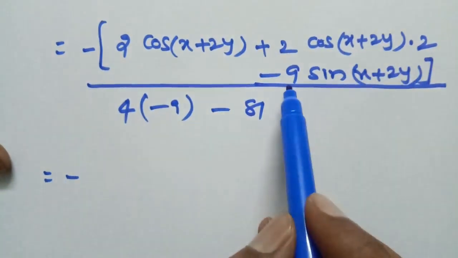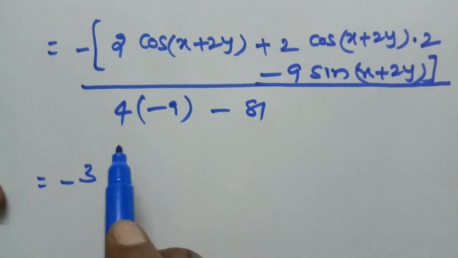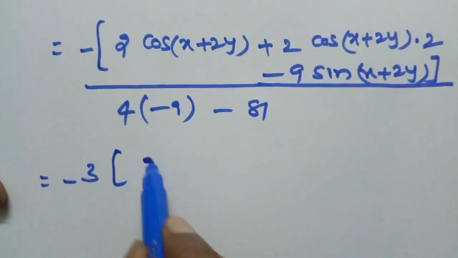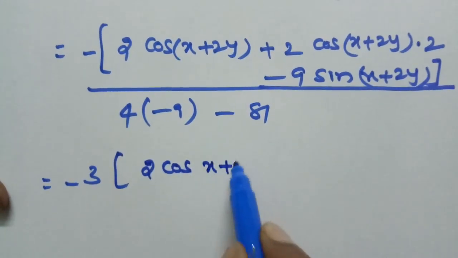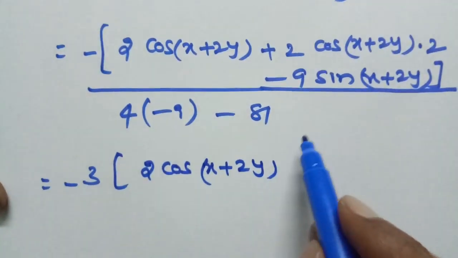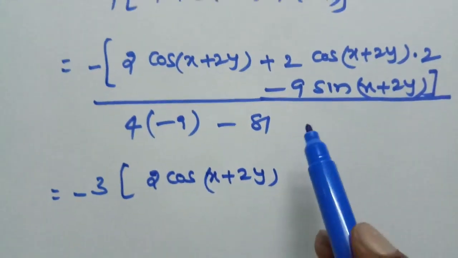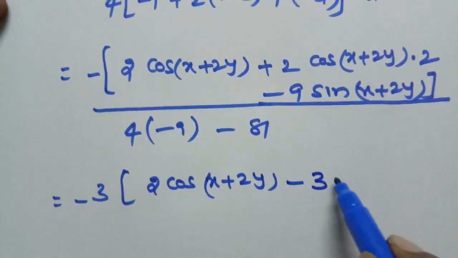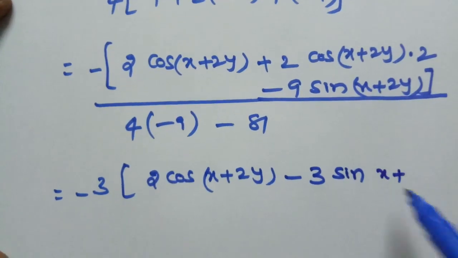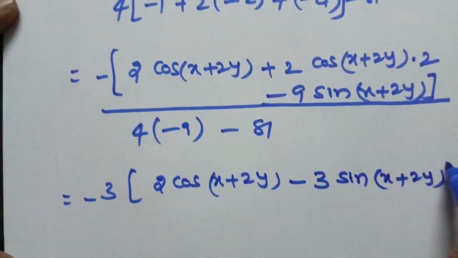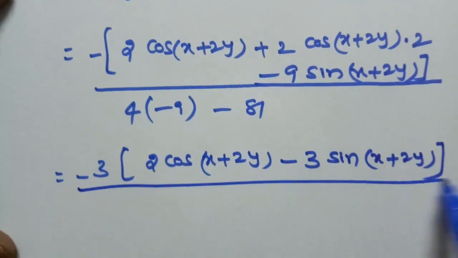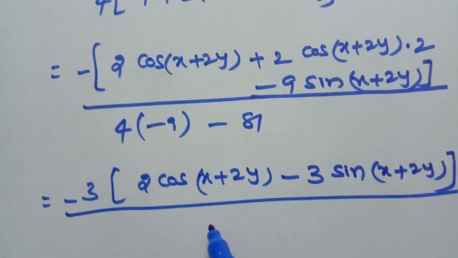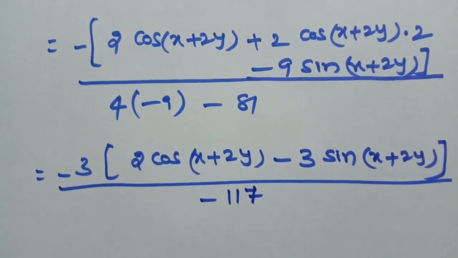Here in 6 and −9, 3 is a common factor. Therefore, 6 cos becomes 2 cos(x + 2y), since 3 is a common factor, and −9 gives 3 into sin(x + 2y) by −36 − 81, that is −117.